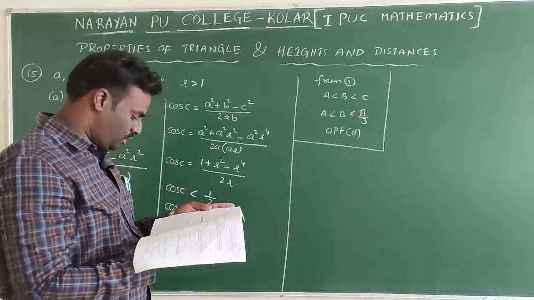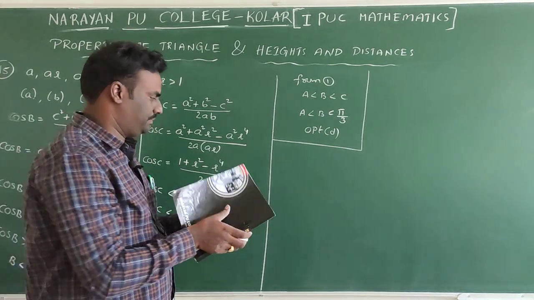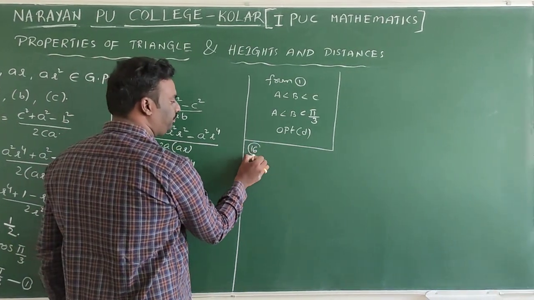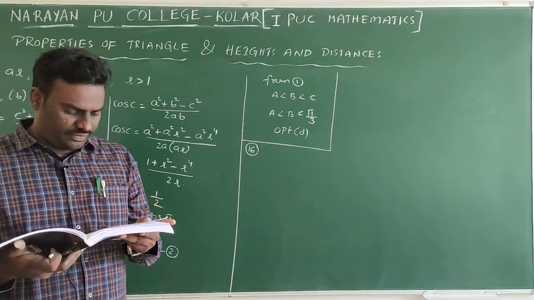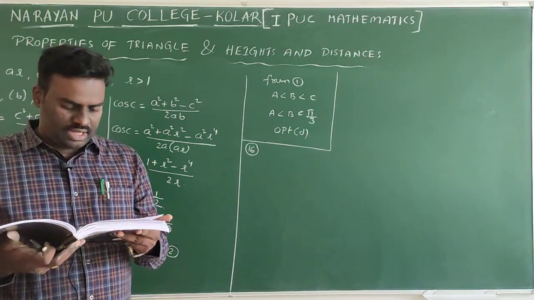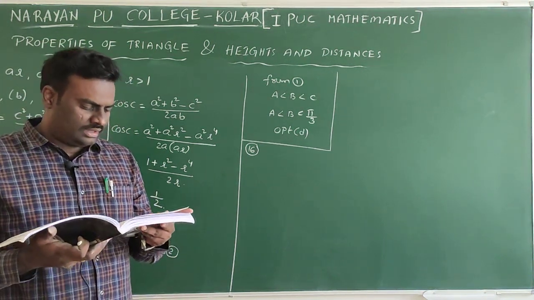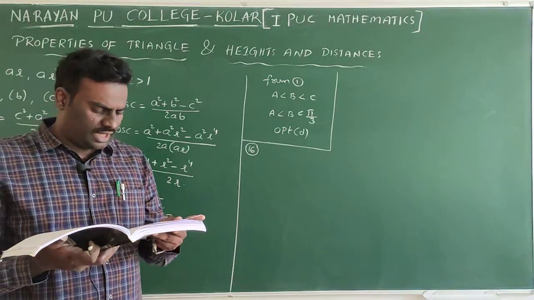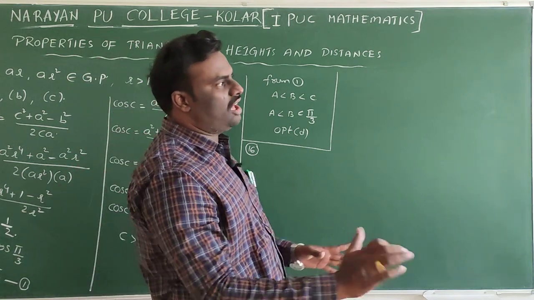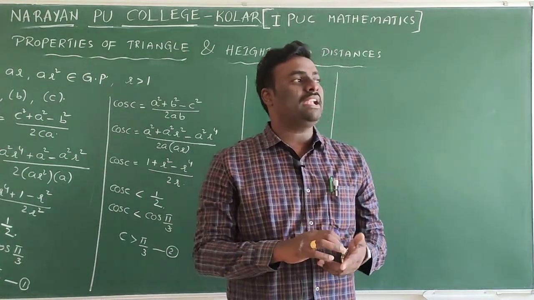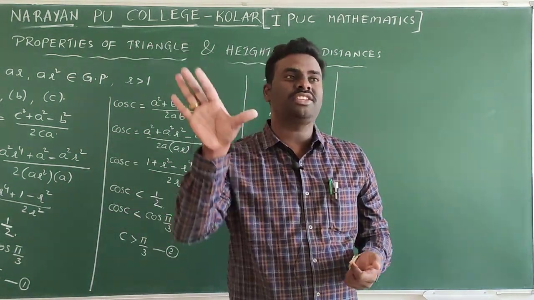Next, question number 16. In question number 16, if the lengths of sides of a triangle are 3, 5, 7, then find the largest angle of the triangle. See how to find the largest angle. The largest angle is always opposite to the largest side.